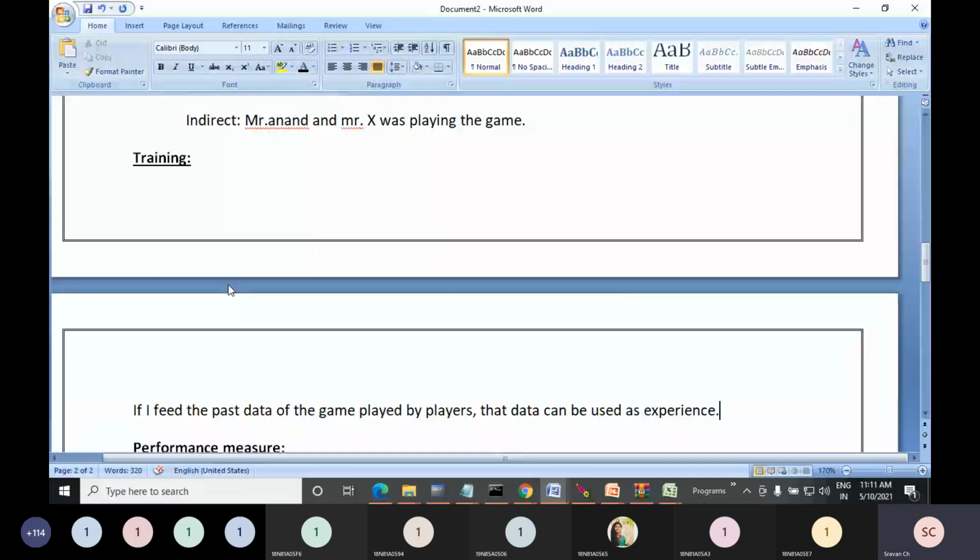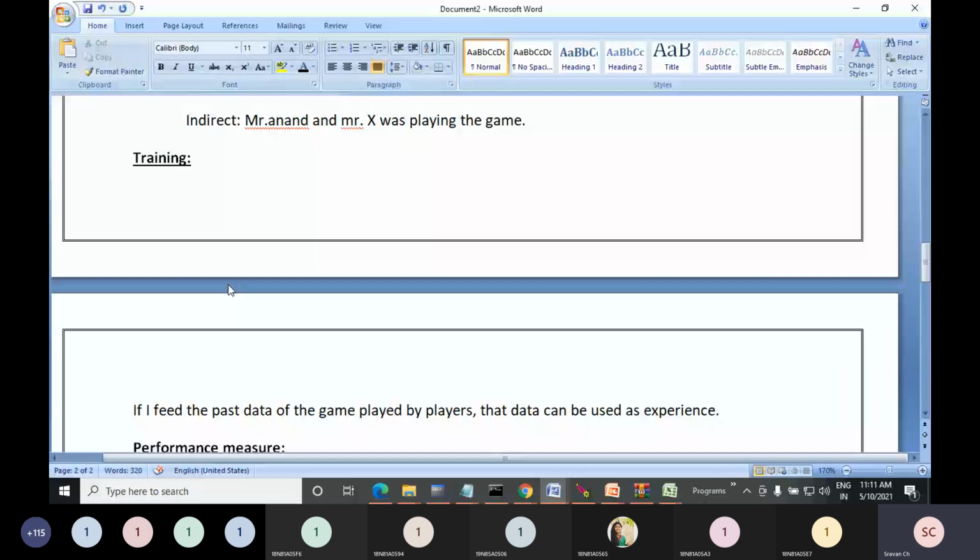Whereas if it is a game, I don't mind anything. Let my computer program or machine learning model improve by experience. I don't have any problem. There is no human loss or any risk in it. Let it play continuously, lose the game and lose the game, but it learns by experience.